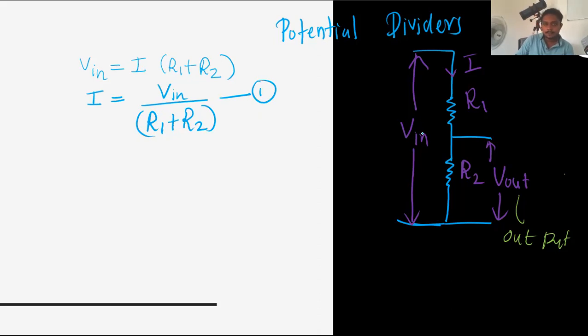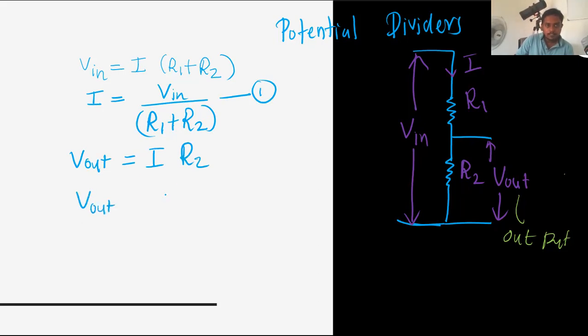Now I need to find V out. V out is equal, again by Ohm's law, to I times R2. Finally, I'm getting a value for V out.